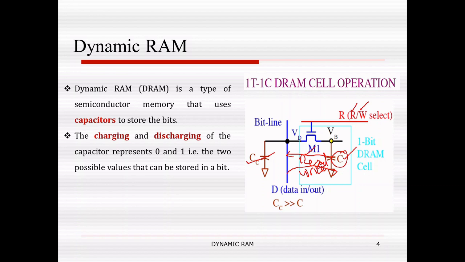So from this discussion, I conclude that in dynamic RAM memory, read and write operations are performed based on the amount of charge carrier sharing between these two capacitances. The detailed operation of the one transistor dynamic RAM cell I will explain in my forthcoming slide.